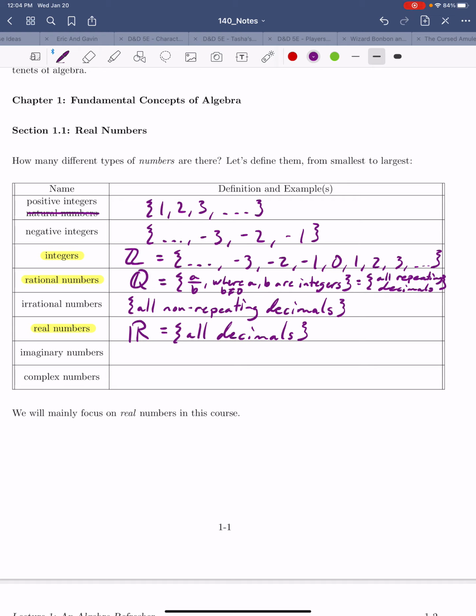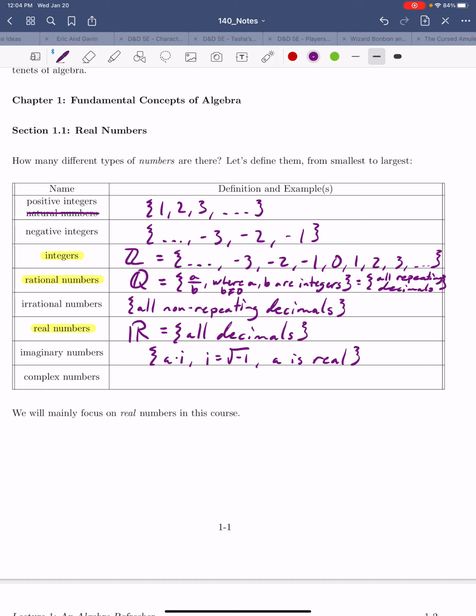Then you also get into weird things like the imaginary numbers. That's the set of all real numbers times i, where i equals the square root of -1. Weird things happen when you take square roots of not nice numbers.